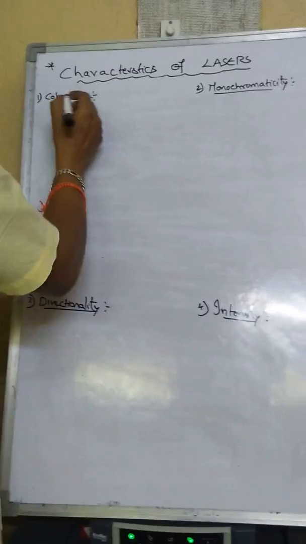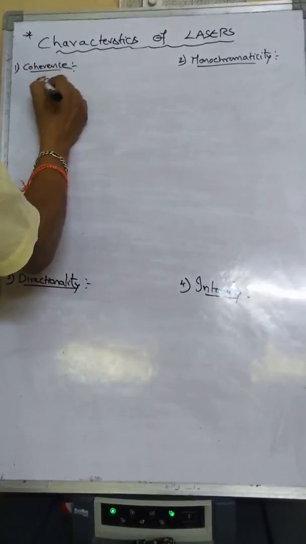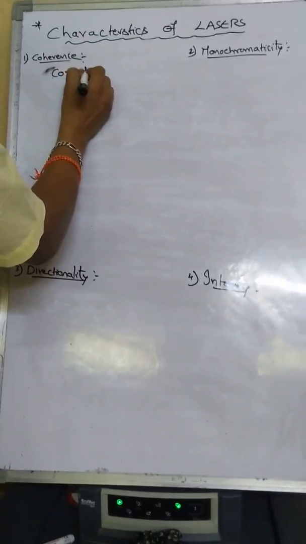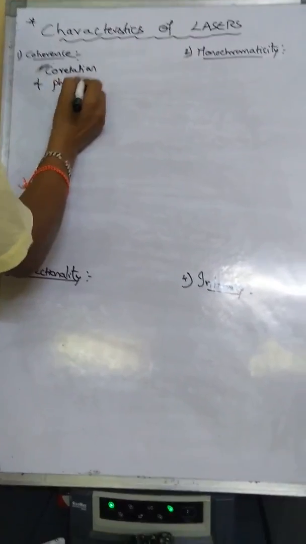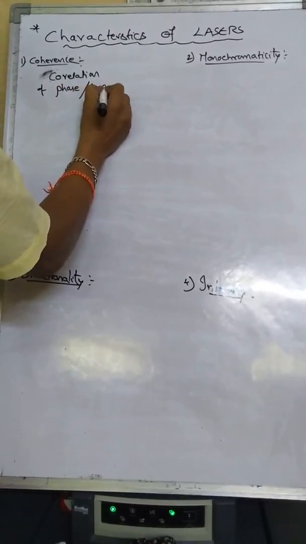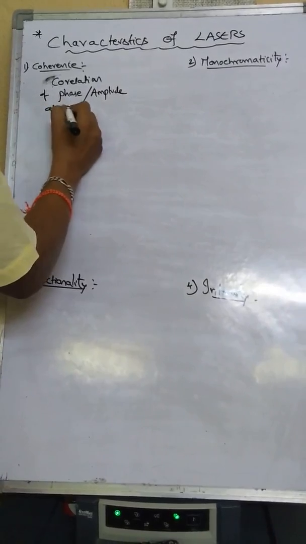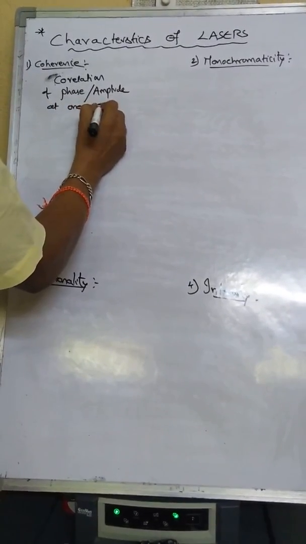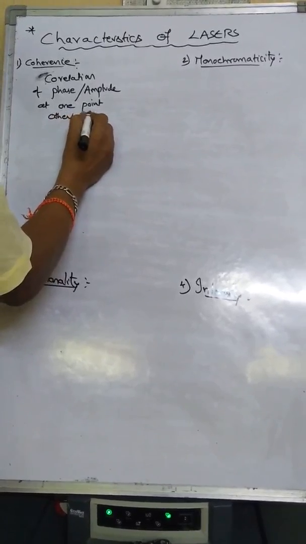And as I said, coherence is the prediction, or the correlation, of phase and amplitude at one point in the wave to the other point in the same wave.